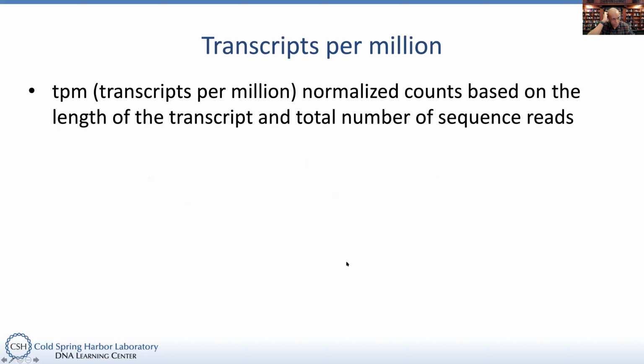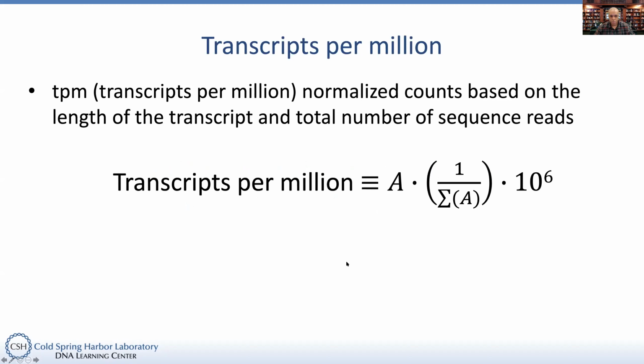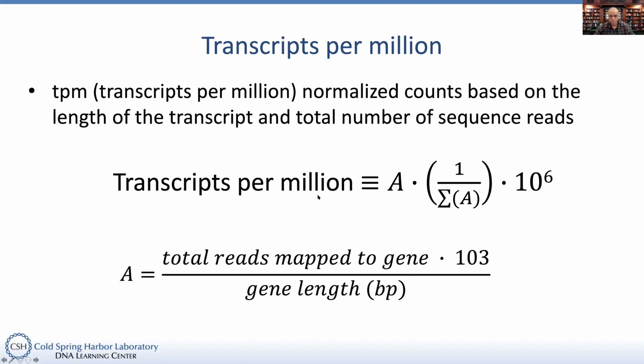So this last column stands for transcripts per million. And the definition of it is what we call the normalized counts based on the length of the transcript and on the total number of sequence reads. So there is a formula that defines this. And this term in the formula called A is the total reads mapped to a gene.